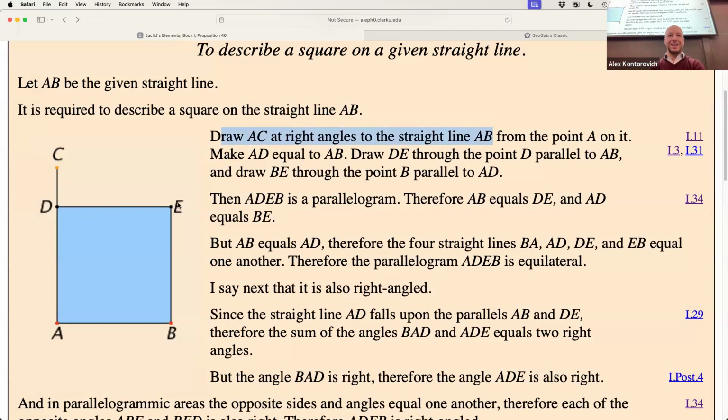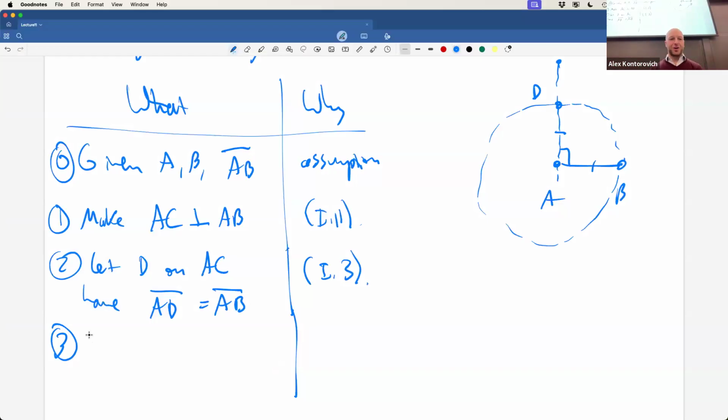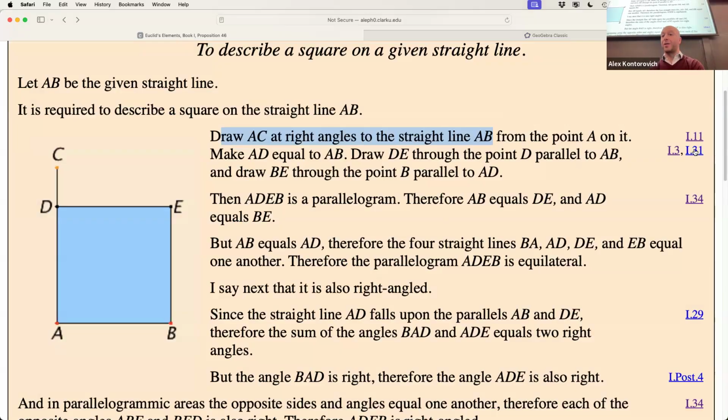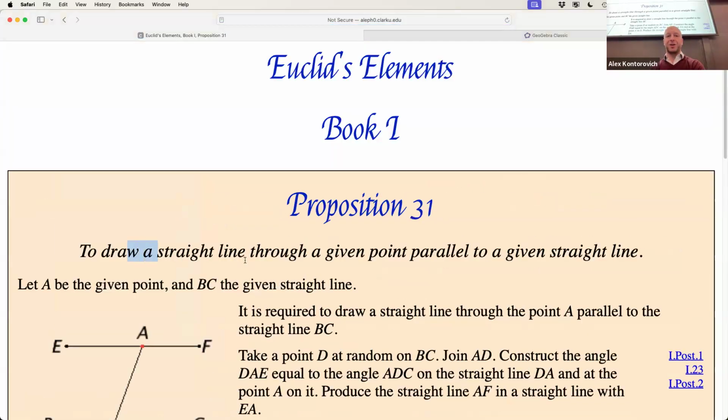Next step, this is where it gets interesting. Draw DE parallel to AB. Why are we allowed to draw parallel lines? That's because of I-31. I-31 says draw a straight line through a given point parallel to a straight line. So we're in the back half of the book where we're using the parallel postulate.